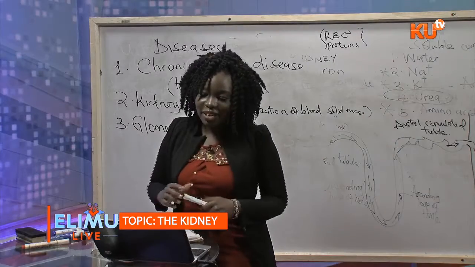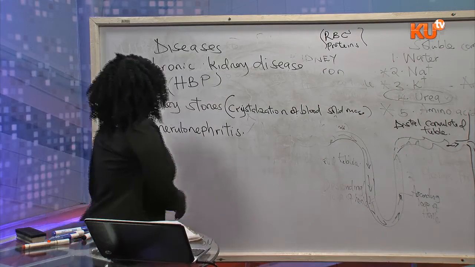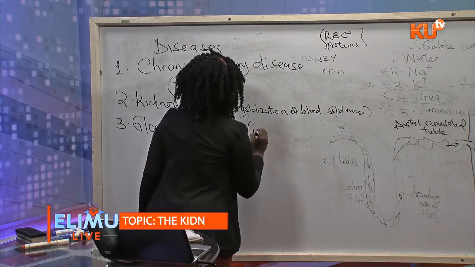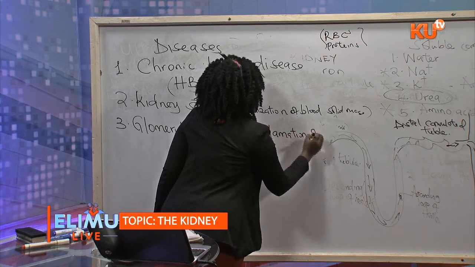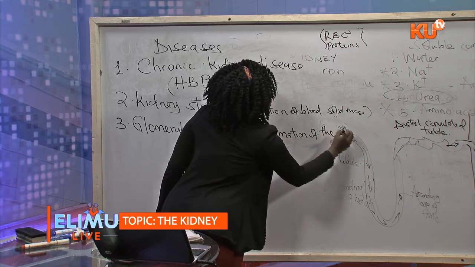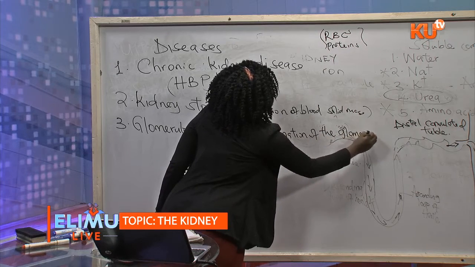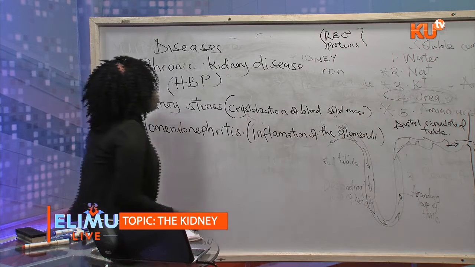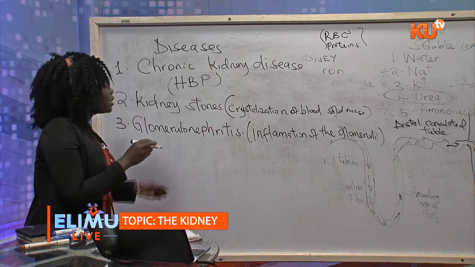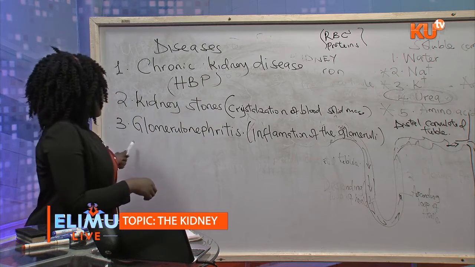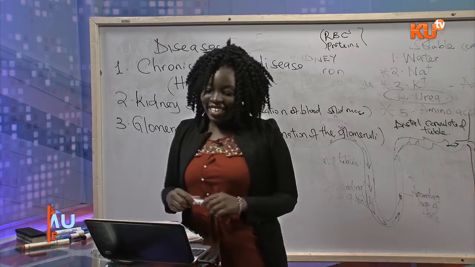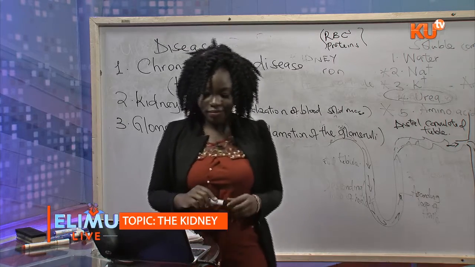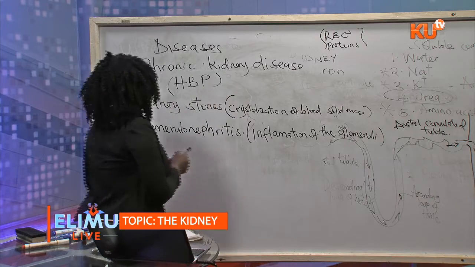Glomerulonephritis is an inflammation of the glomeruli. When the glomeruli become inflamed, they cause this disease called glomerulonephritis. The fifth one, urinary tract infection.